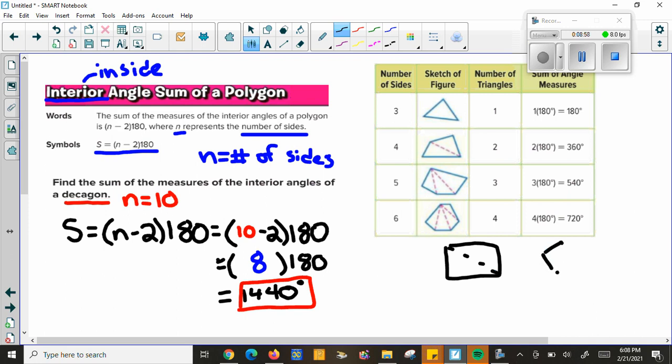A pentagon can be broken up into 3 triangles.